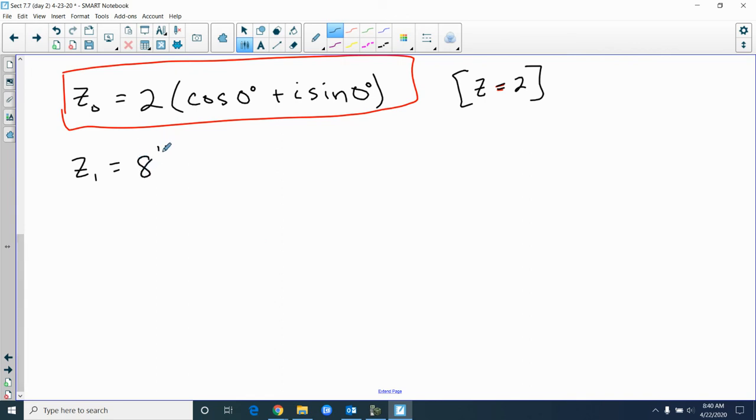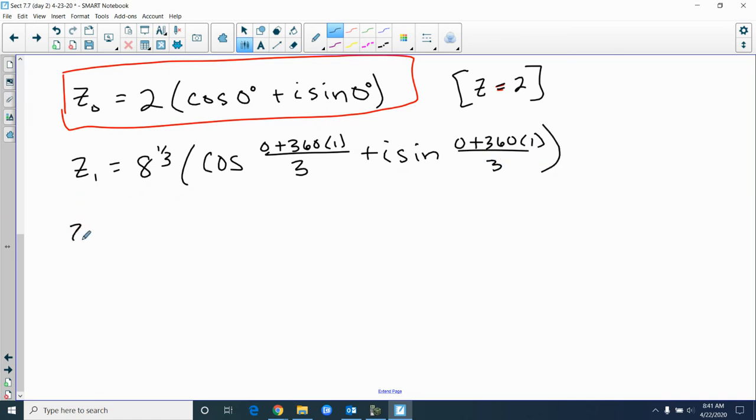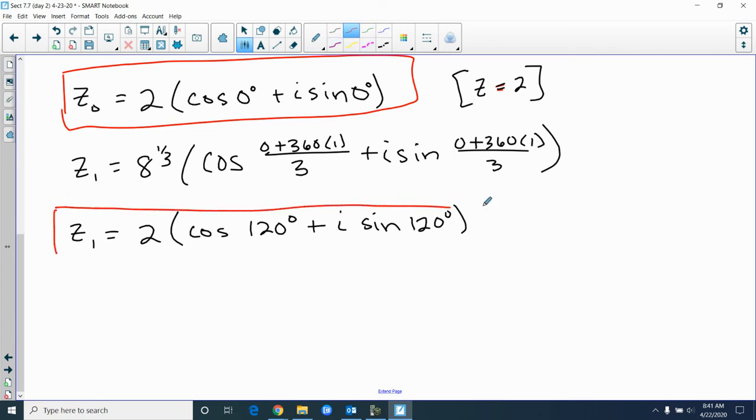You'll have 8 to the 1/3 cosine of 0 plus 360 times 1 divided by 3 plus i sine of 0 plus 360 times 1 divided by 3, and that gives me 2 cosine of 120 degrees plus i sine of 120 degrees. And that will be our second answer. So in the complex plane, that is a cube root of 8.